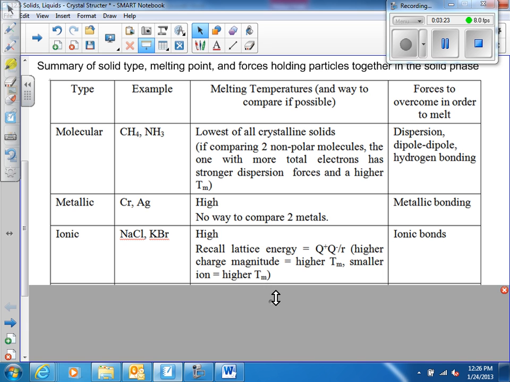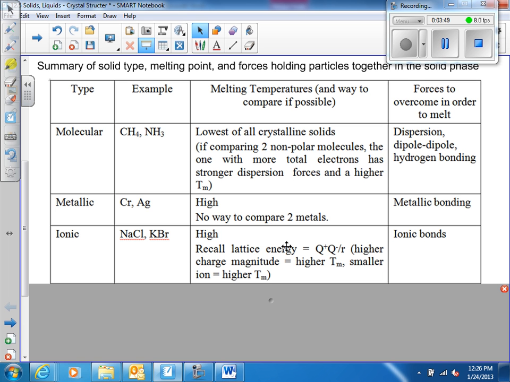Ionic crystals, those would be made up of nonmetals and metals, because ionic compounds have metals and nonmetals in them. Here's a few examples. Ionic crystal solids have high melting points. The forces holding them together are the ionic bonds, or we could also think of it as the lattice energy. So the bigger the lattice energy, the stronger the ionic bond.